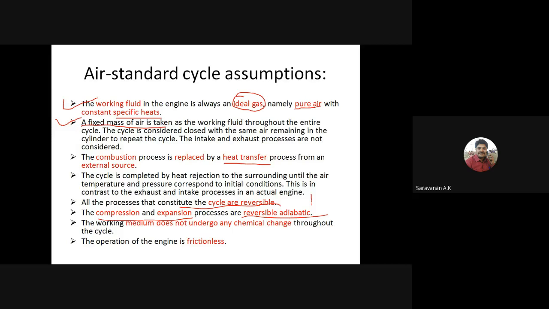So we use the formula PV^gamma = C. Then there is no chemical change in the cycle, which is an important term, and the cycle is considered frictionless. So the efficiency automatically increases, because friction would reduce the efficiency, but here we consider no friction, no wear and tear, no vibrations.